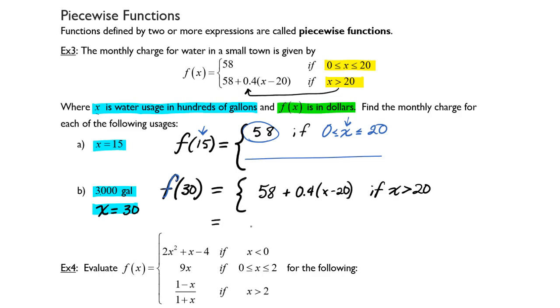So let's find out what that gives me. I already found 58, so this is going to be 58 plus 0.4 times 30 minus 20.